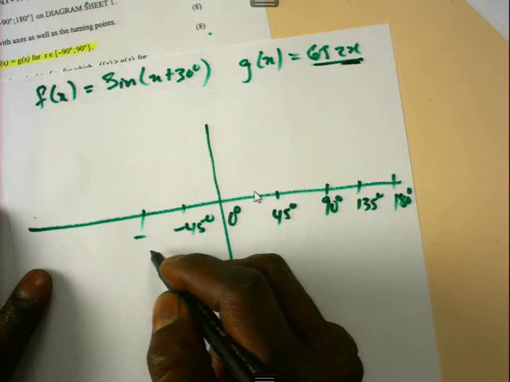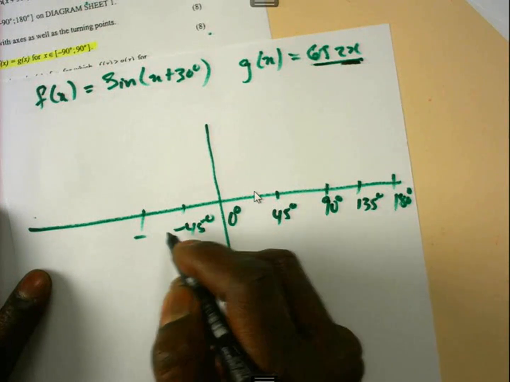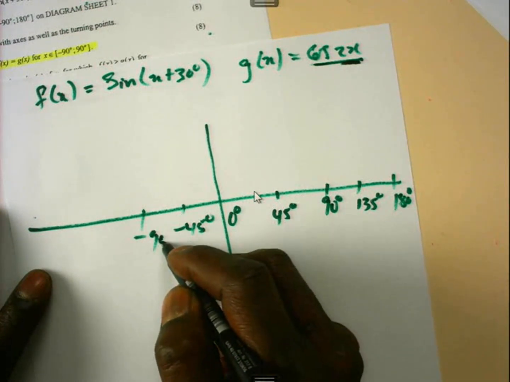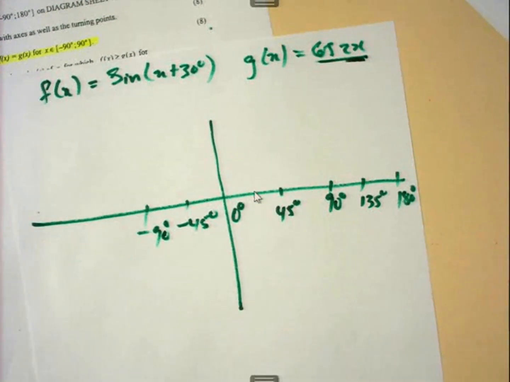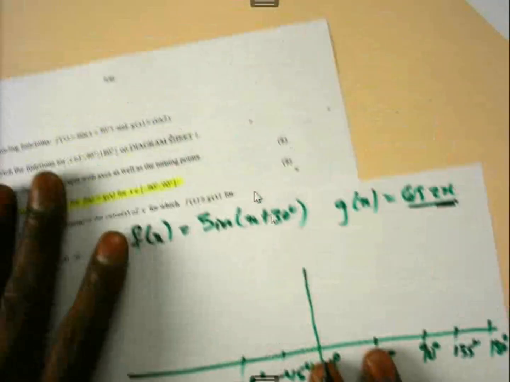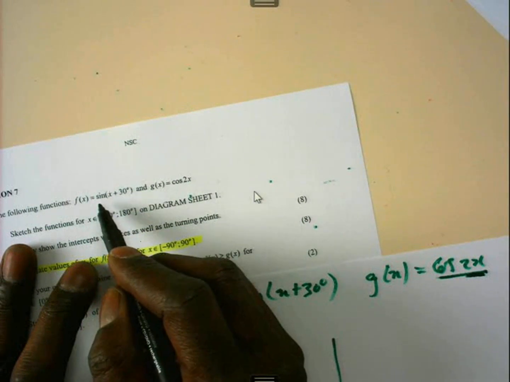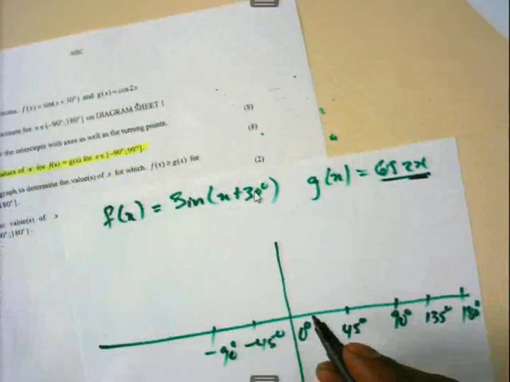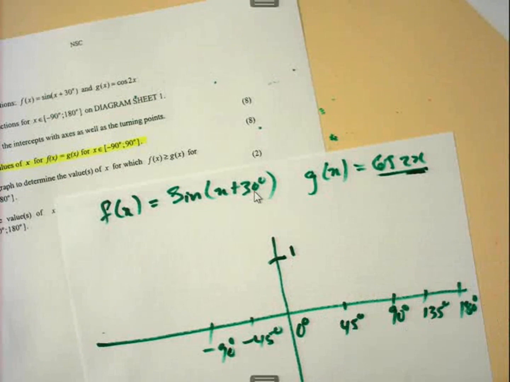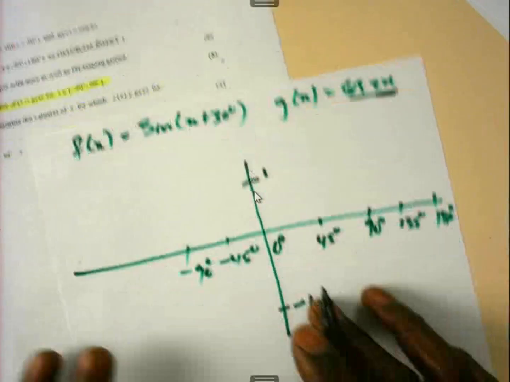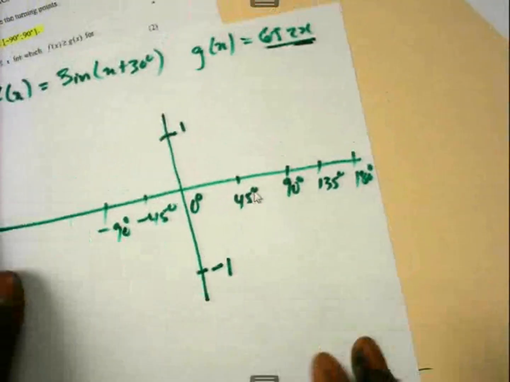I must go up to negative 90 degrees. That is now my interval where I must draw the two graphs. Of course, if I look at the two graphs, the amplitude of the sine and the amplitude of cosine remains 1. So I've got 1 and I've got minus 1 there. No problem.